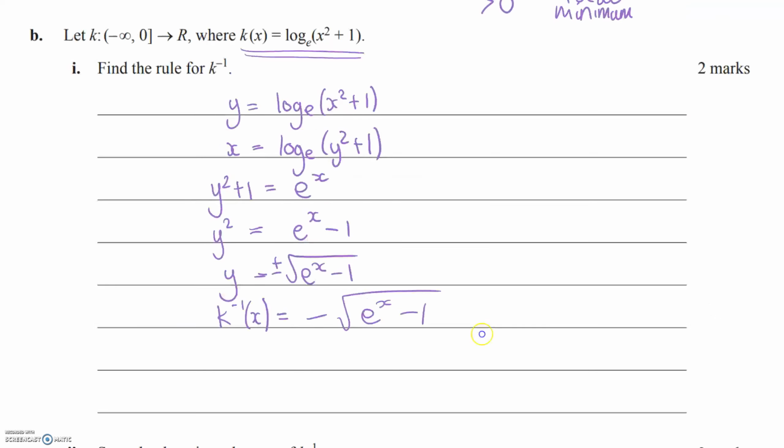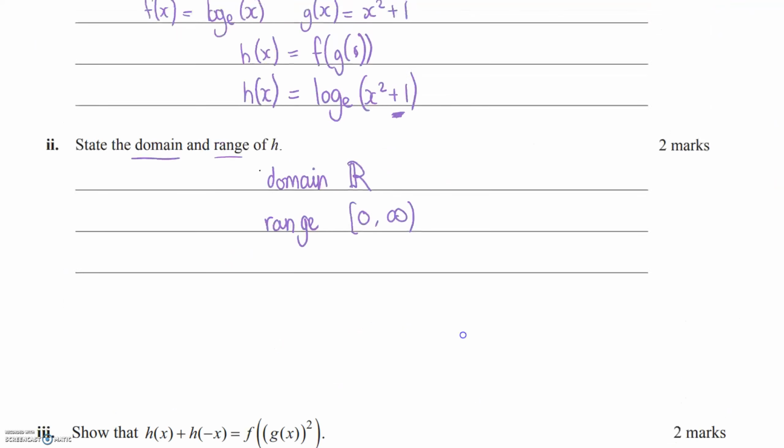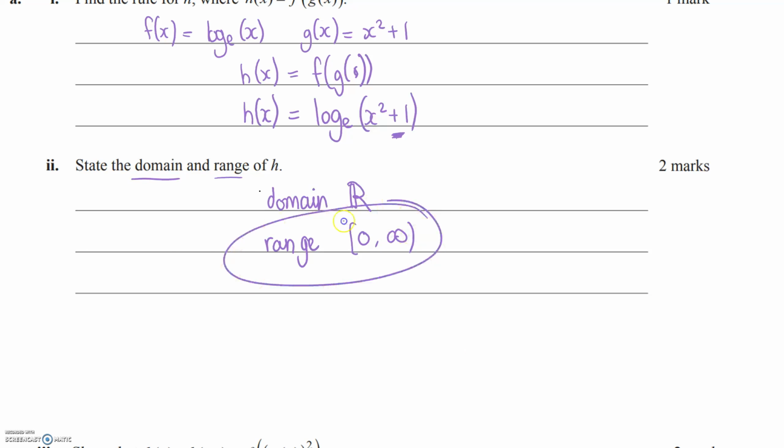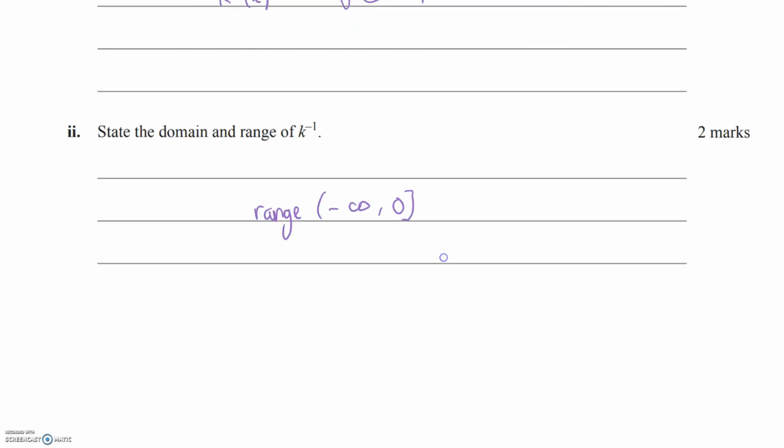So if you think about it, going back up to the start of our question, we were told that our range was R. So the inverse will become the domain. So the domain of our inverse will actually be 0 to infinity. So what we get for our final answer here is our domain is 0 to infinity. So this feels kind of weird that the domain and range would be the other sort of ends of the scale, but that's our answer.